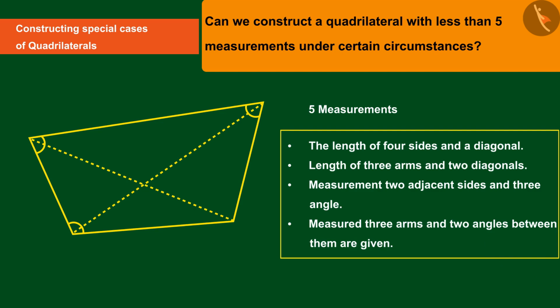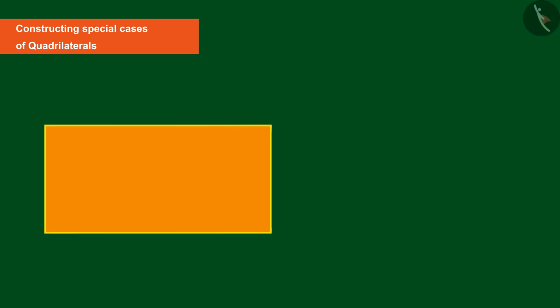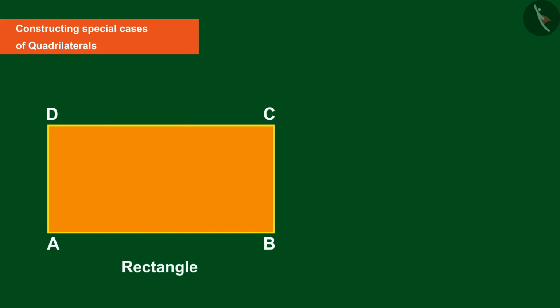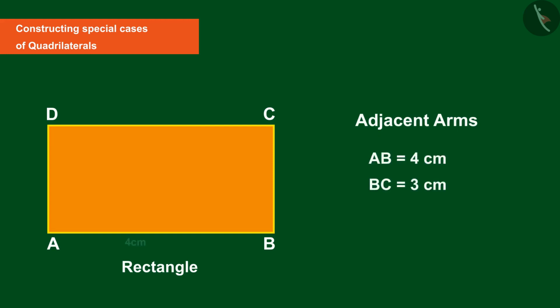Let's discuss this. Suppose you have to draw a rectangle ABCD whose adjacent sides are 4 centimeters and 3 centimeters. Can you create a rectangle ABCD using only these 2 measurements? Well done.